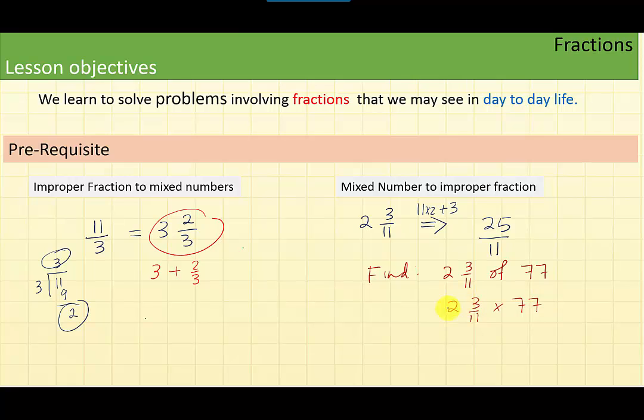The first thing we have to do is convert it into a fraction. So this is equal to 25 over 11 times 77. Now 77 cancels with 11, which gives 7. So 25 times 7 is 175.